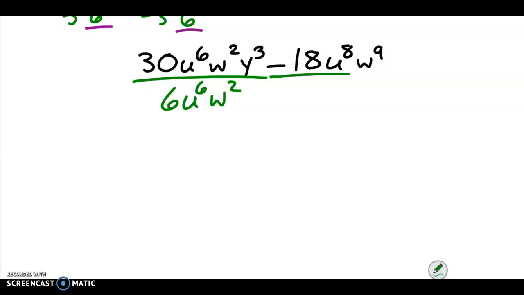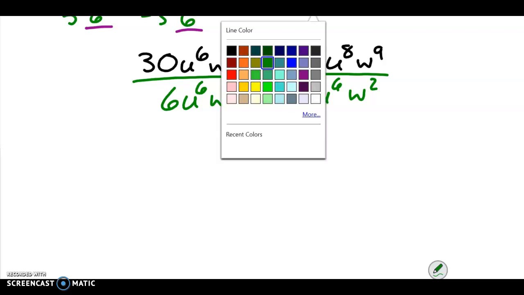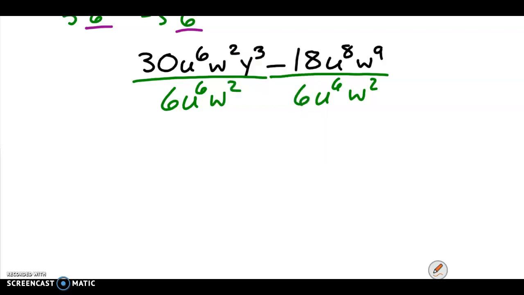I'm just dividing both of these terms by that. Okay? So when we go ahead and we do the division, okay, 30 divided by 6, so we have 6 u to the sixth w squared out front. And then what's left over, 30 divided by 6 is going to be 5. There's 6 u's on top and 6 u's on bottom.